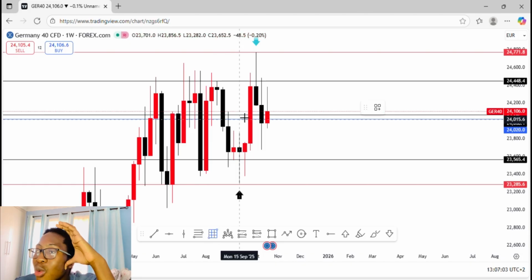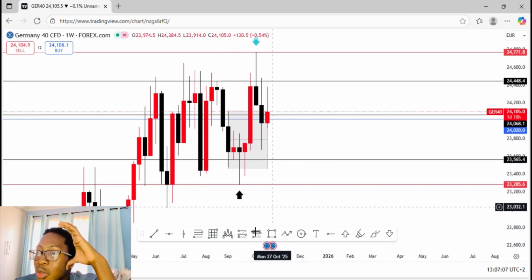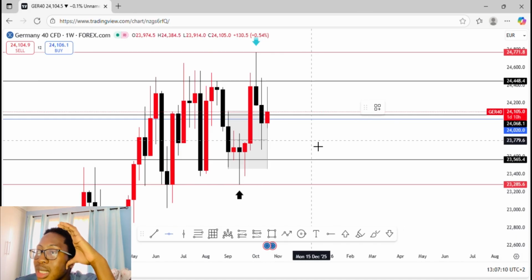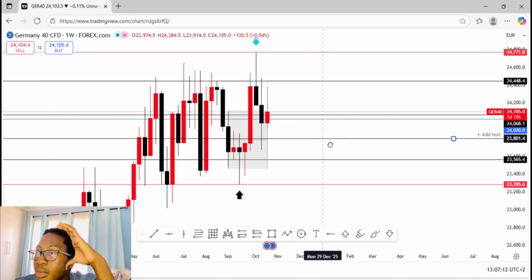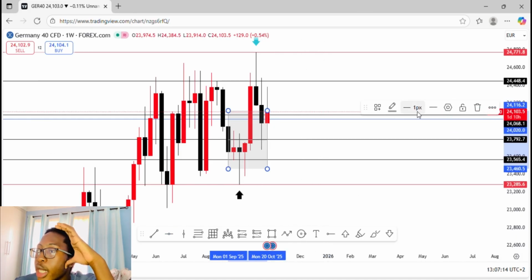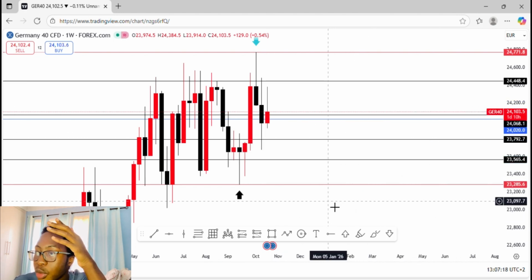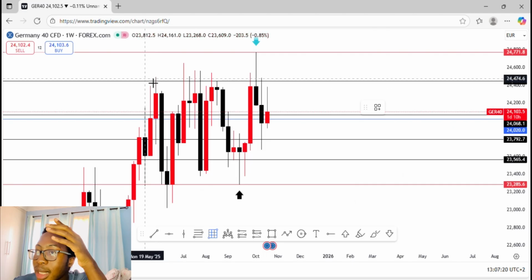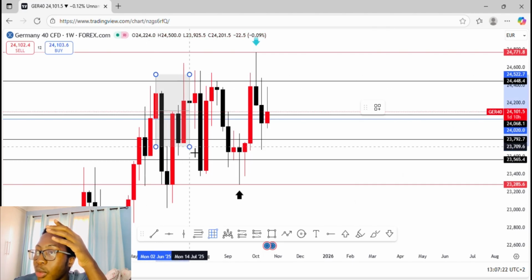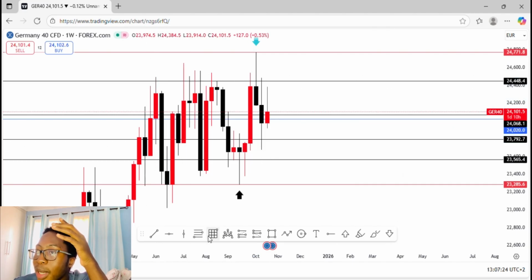Guys, if you are looking for a strategy, this is a simple strategy. You just need to know certain things only. Once you know these certain things and you master them, it's chai. Can you actually see how the market respects these equilibrium zones? The market does respect them.